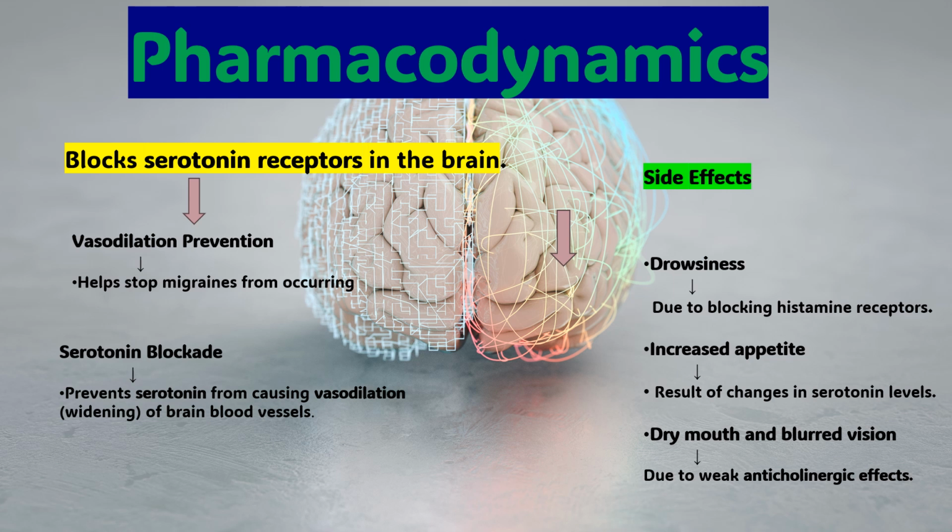But moving on, we can also see the side effects of it, which are drowsiness, which occurs due to the blocking of histamine receptors, as well as increased appetite, which is also a result of a change in serotonin levels. Dry mouth and blurred vision are also caused by pizotifen, which is due to the weak antimuscarinic effects.